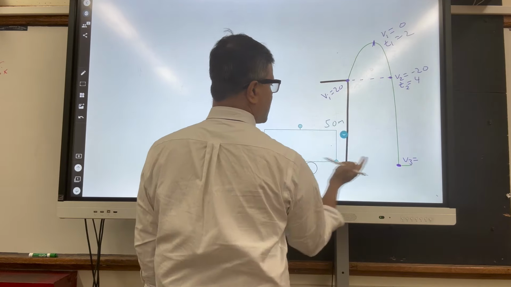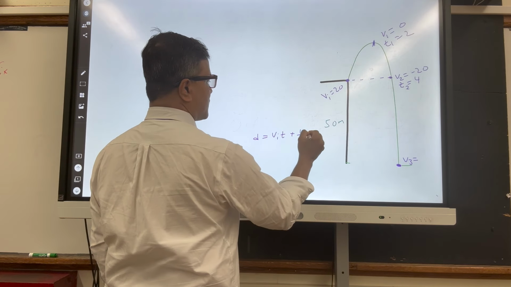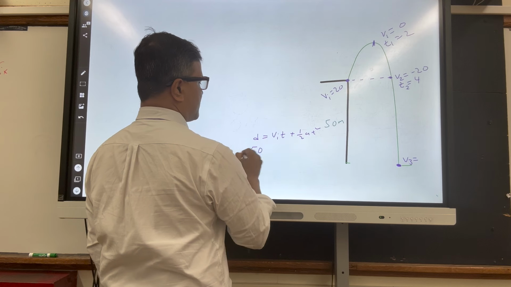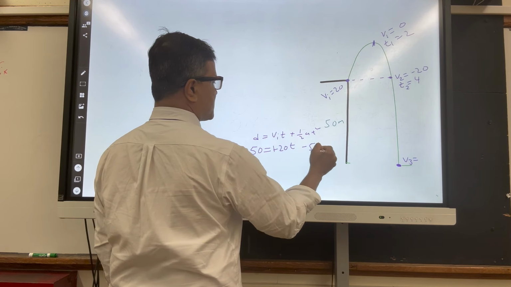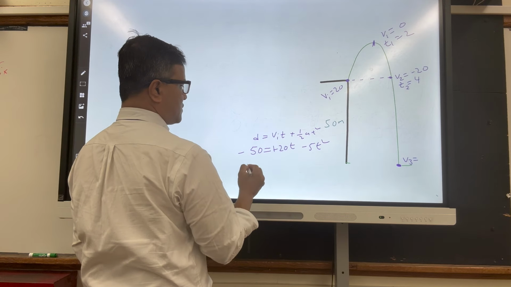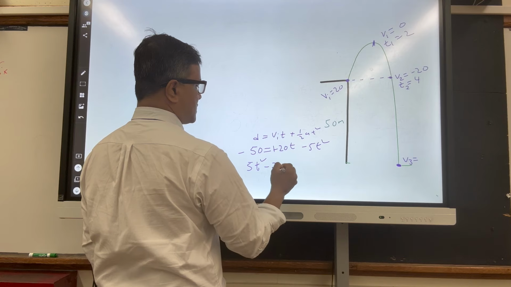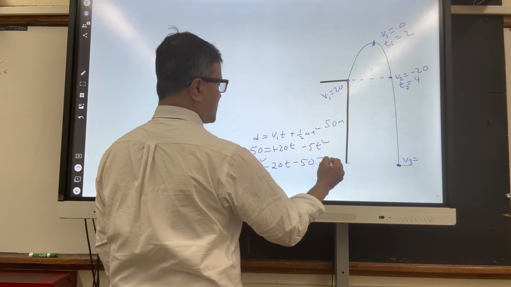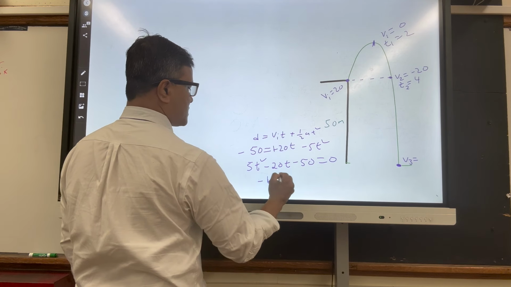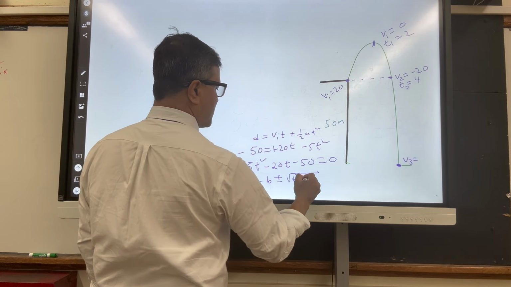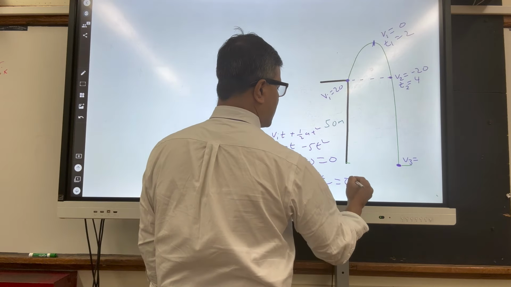Okay, so let's find this one. D is equal to Vt plus half at squared. So this is negative 50, this is 20t, this is minus 5t squared. So if you do 5t squared minus 20t minus 50 is equal to 0, minus b plus or minus the square root of b squared minus 4ac over 2a, you get 5.7.